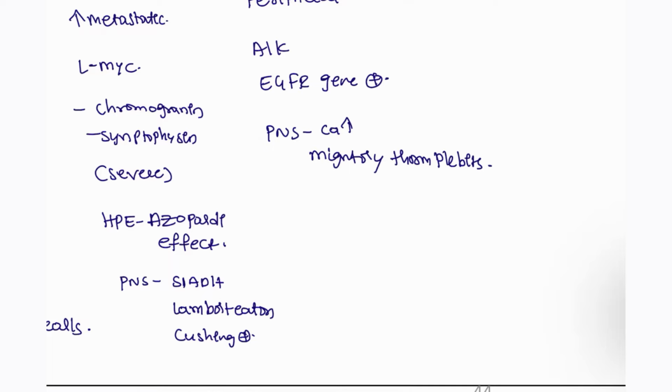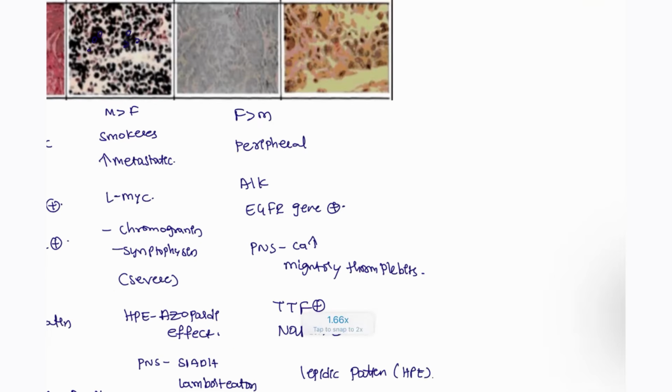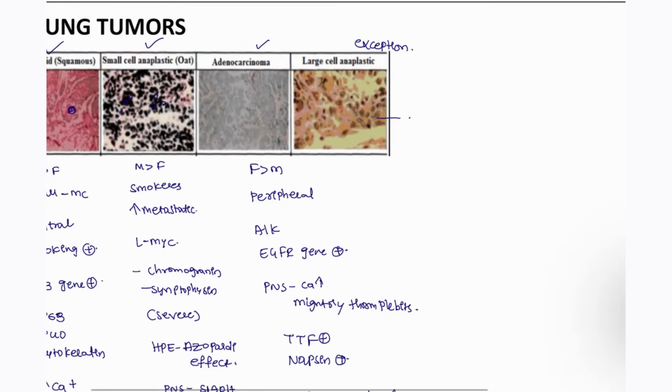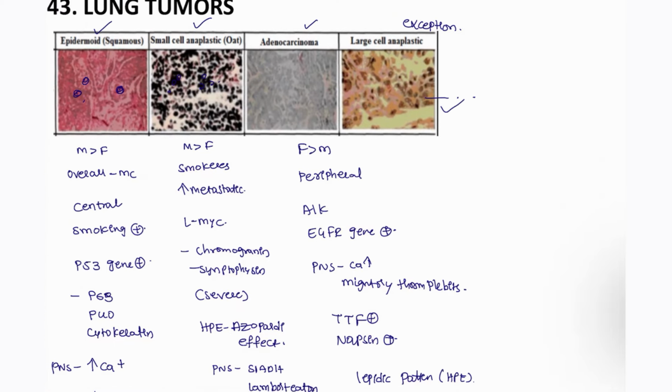And what are the stains used here? TTF-1 positive and also Napsin A will be positive. And you are going to see the lepidic pattern on histopathology. And large cell carcinoma is an exception. If you don't see any features, then that is a large cell carcinoma.